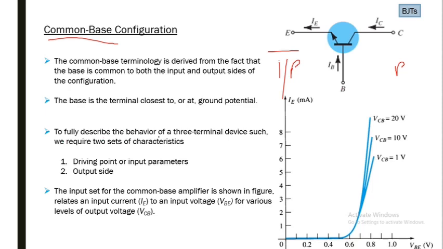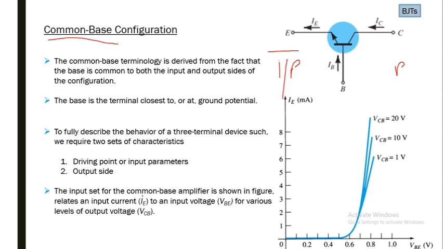To fully describe the behavior of a three-terminal device, we require two sets of characteristics. One set is input or driving point characteristics, and the other set is output characteristics.